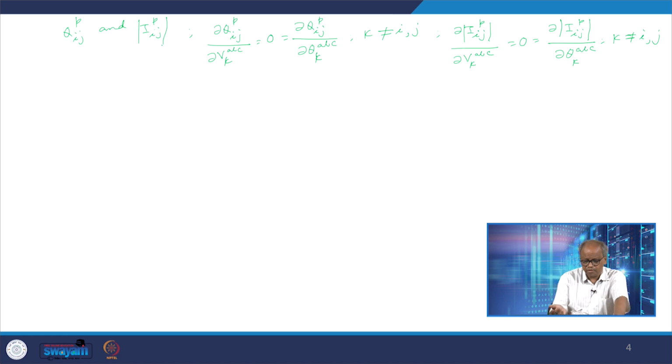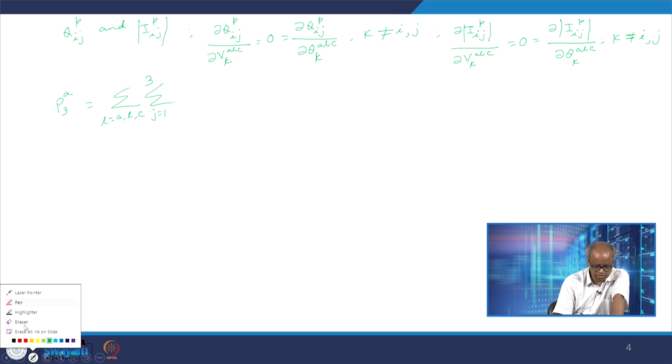On the other hand, if I have, let us say, P3a, right, what is P3a? P3a is basically, with l equal to A, B, C and j equal to 1, 2, 3 in this simple 3 bus system.